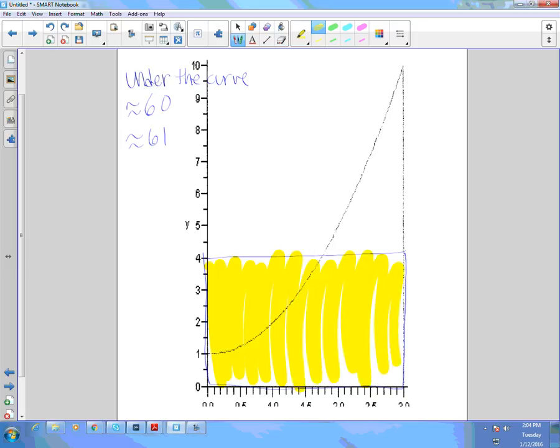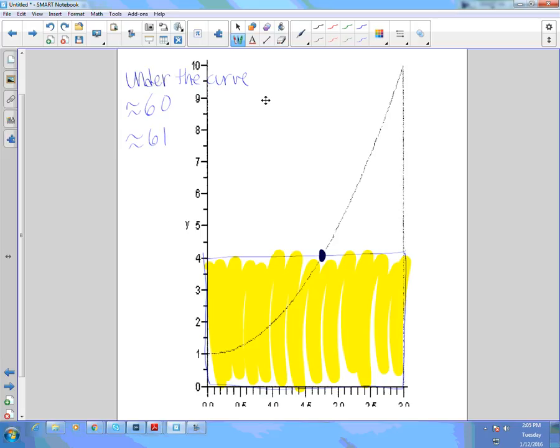So when I say average value, what you're finding is, remember on our survey, we have a bunch of rectangles, small ones, that get taller and taller and taller. So you're finding the average height. The average height is right here, which yours looks like it's roughly between 2.5 and 4.